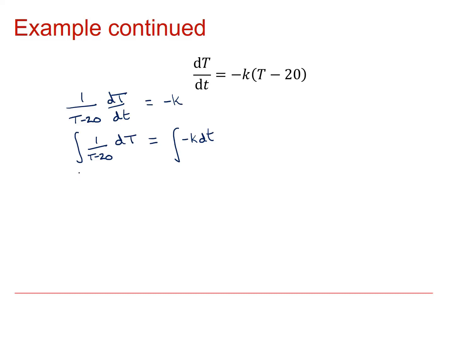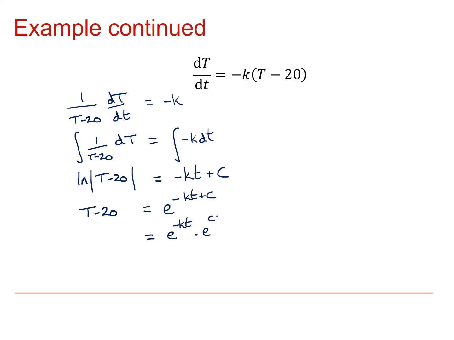So integrating both sides, I get that the log of mod T minus 20 is equal to minus kt plus C. e to the power of both sides, then I'm going to get that T minus 20 is equal to e to the minus kt plus C. And if I just expand this a little bit, that's actually e to the minus kt times e to the C. Now this is just a constant.